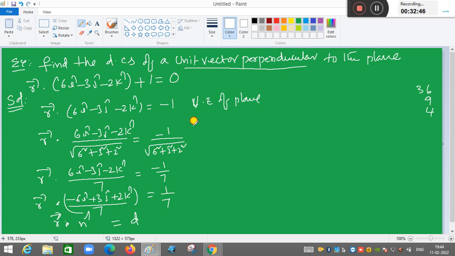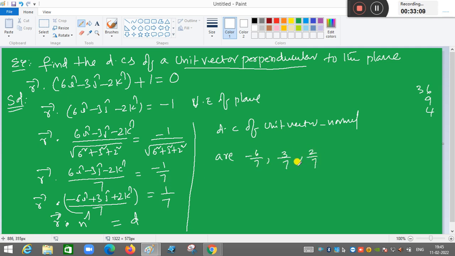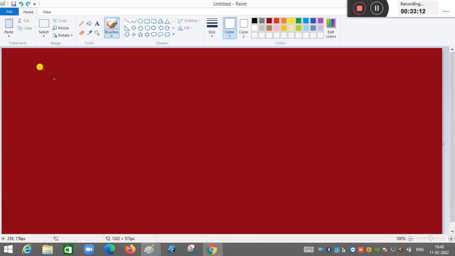The direction cosines of the unit normal vector are minus 6 by 7, 3 by 7, 2 by 7.